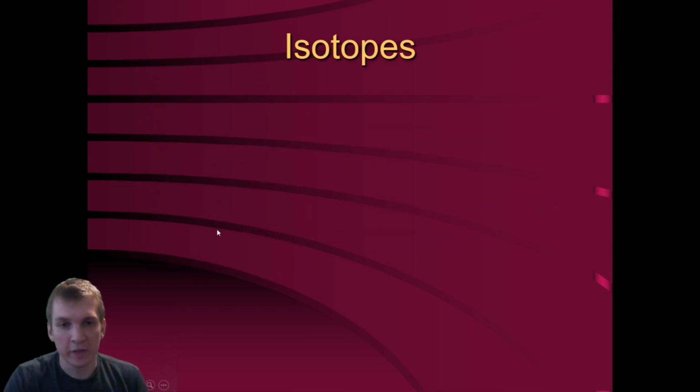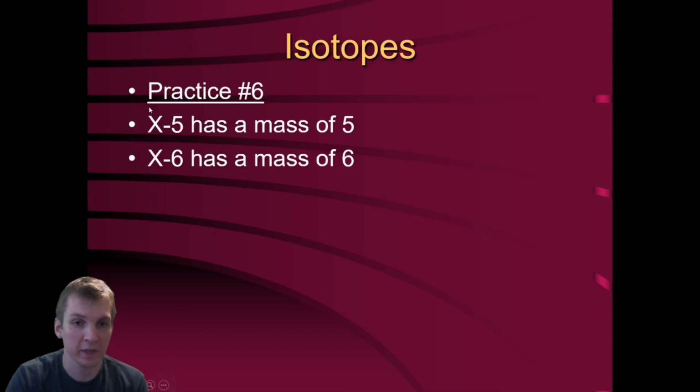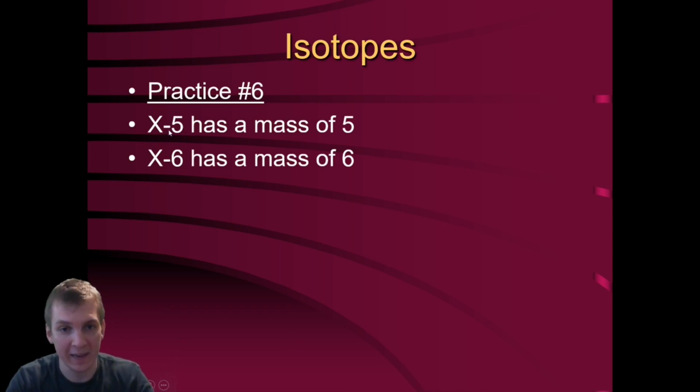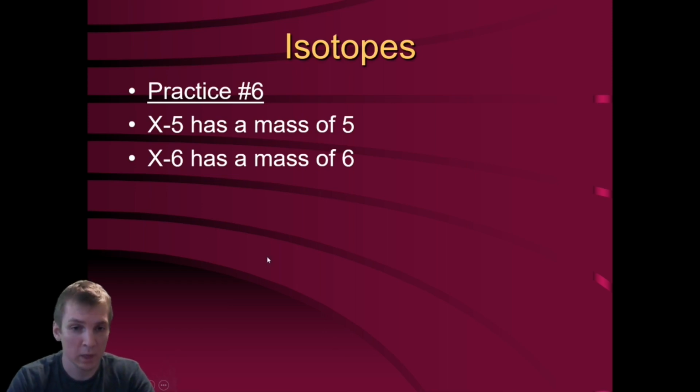So the way you would do this is you have to understand the symbol and the number associated next to it. So we have to understand that X-5 has a mass of 5. So whenever you see a dash like this and then a number, that means what that mass is. So X5 has a mass of 5 and X6 has a mass of 6. Okay? Now take those abundances and multiply them by the mass.